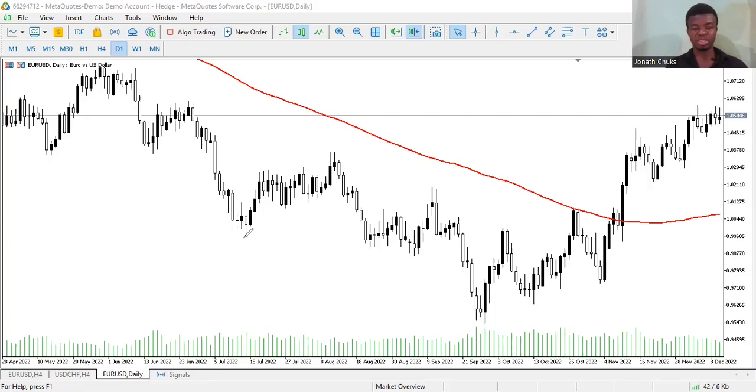Then at this point, it hit here and then moved up, and the direction changed immediately without wasting time. You can see how the doji was formed here several times before the hammer, inverted hammer, was formed, and then the market pushed down and changed the trend at once.